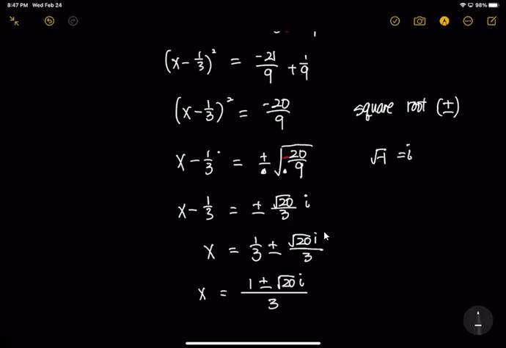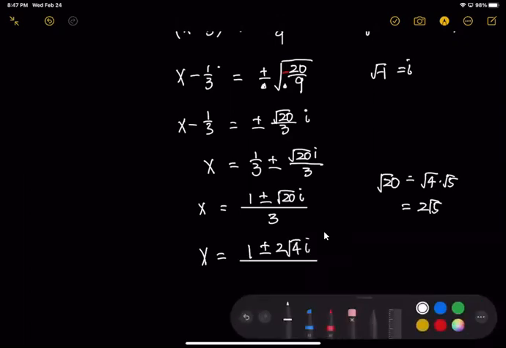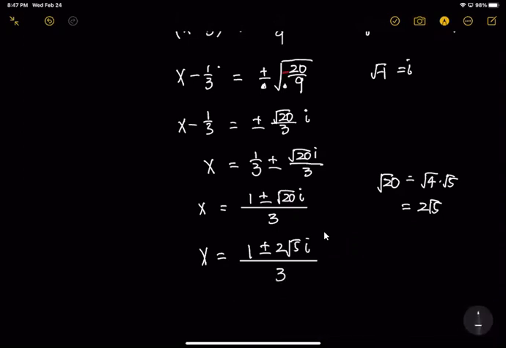Well, maybe we can simplify the square root of 20. The square root of 20 is equal to the square root of 4 times the square root of 5, so it equals 2 times the square root of 5. So the solution in the simplest form should be 2 times the square root of 5, 5i, sorry, over 3.